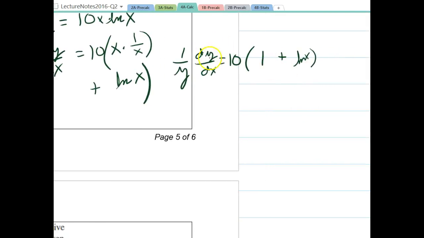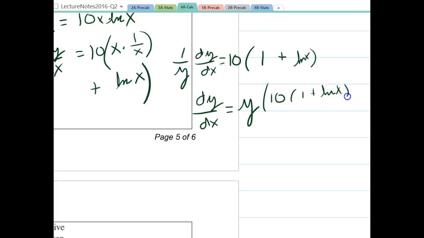I have to solve for dy dx, so I multiply both sides by y. So I have dy dx is equal to y times 10 times 1 plus the natural log of x.